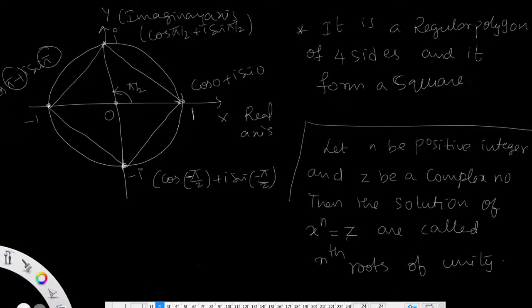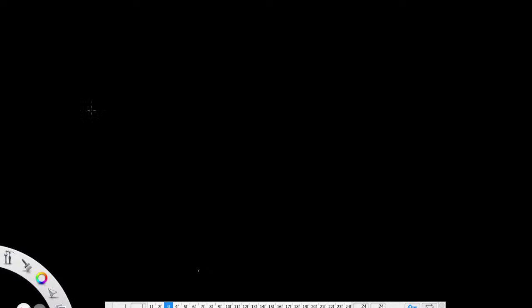So from this, I am writing the generalization here. What values did you get? If x cube equal to 1, that means cube roots of unity. In the place of n we have 3, so that is cube roots of unity. What are the values we already got? 1, omega and omega square.